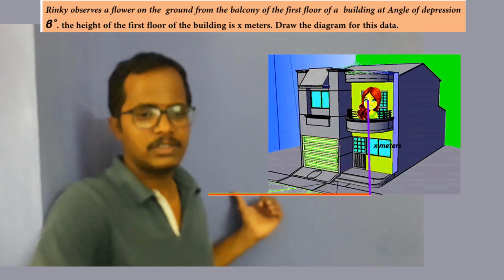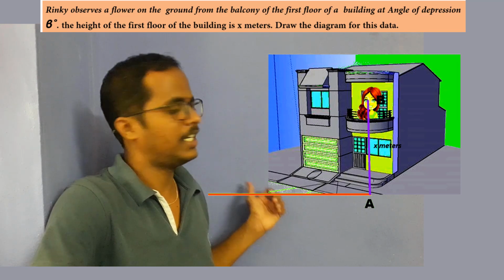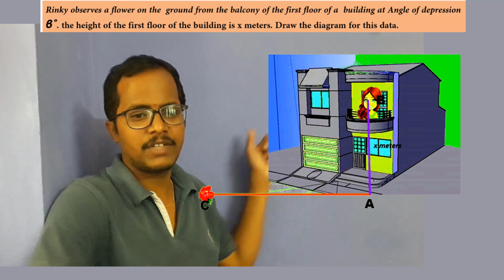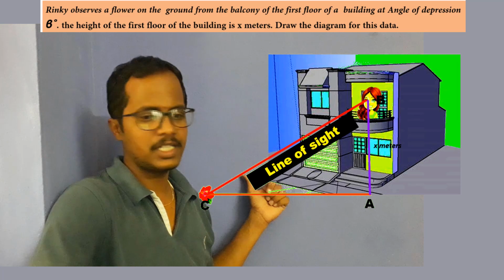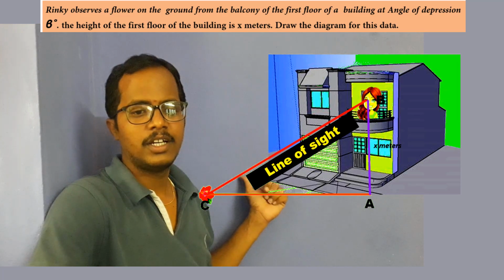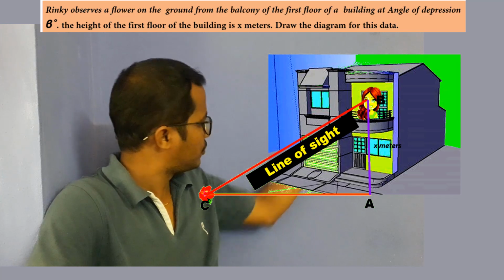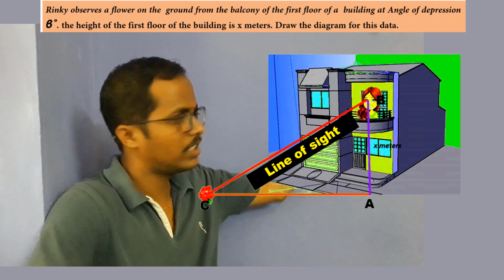Now on the ground, take the position of the flower at a certain point, and name it C. Now Rinky is observing the flower C with an angle of depression beta degrees. So let us join the observer's eye to the observing point. This is known as the line of sight.